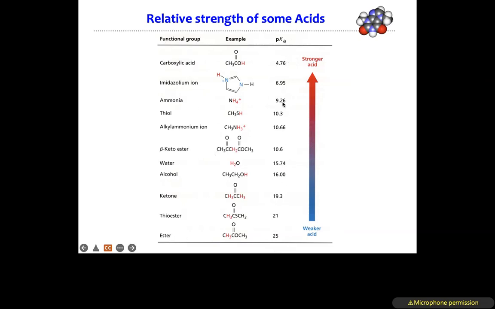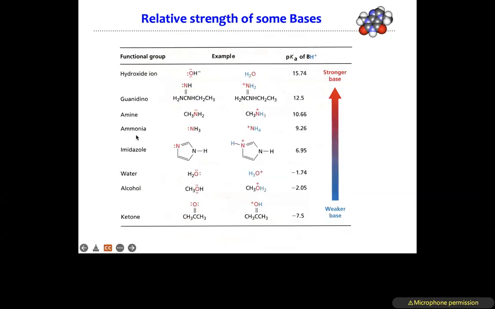Only by comparing their pKa value, you can find which one is the stronger acid and which one is the stronger base. For the pKb, again, these are some bases. You can see that the higher the pKa, the stronger the base, and the lower the pKa, the weaker the base. It's opposite to the acids.